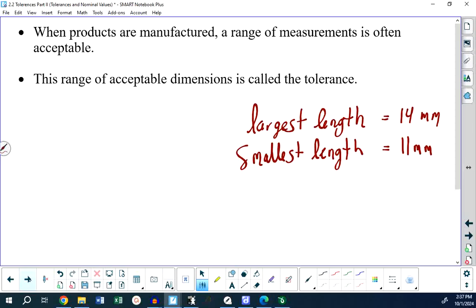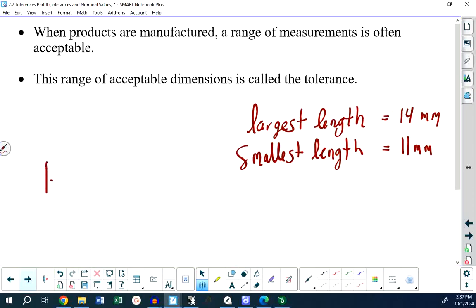Let's say I'm building a cabinet and I've drilled holes in there to a certain depth, and I'm going to use little wooden dowels and glue those parts to another part with the dowels. You with me? You realize the dowels can't be this long. But the dowels also can't be this short, because if they're little tiny dowels, there's no support. So I'm telling you that the smallest length that is acceptable is 11 and the largest is 14.